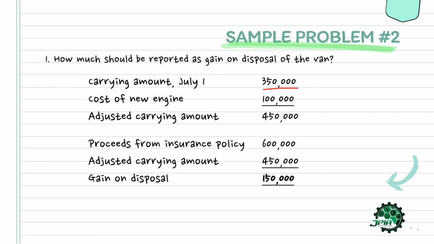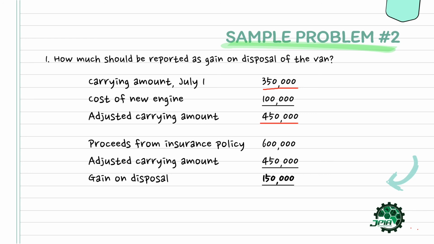Ngayon, magtataka kayo, bakit wala yung 70,000 na repair cost? Tatandaan, yung repair cost nga is not to be included as PPE unless it's deemed as major repair. Okay? So, 70,000 pesos is deemed as expense. So, makukuha natin ngayon ang adjusted carrying amount na 450,000 as of August.